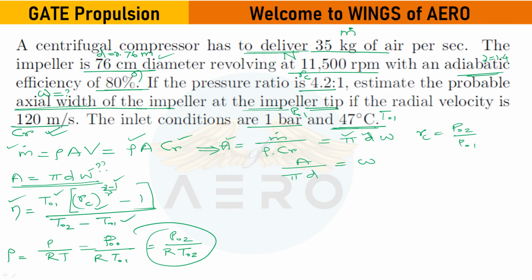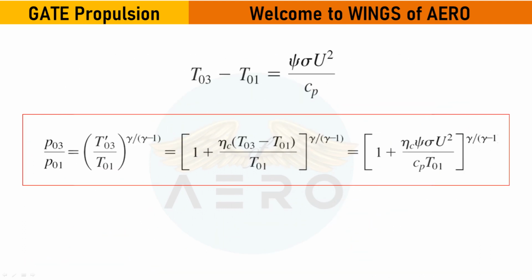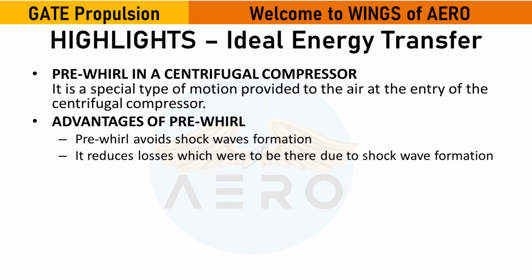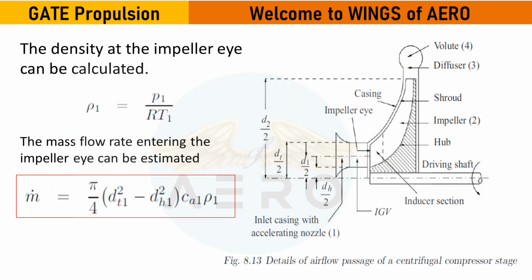Okay, they have not said the eye. Tip is when? It is just before the entry of the diffuser. That's what I have said in the first point today. See, tip is this point. Okay, entrance is the hub. So if they're giving hub or the tip, likewise you have to remember which one you have to consider.